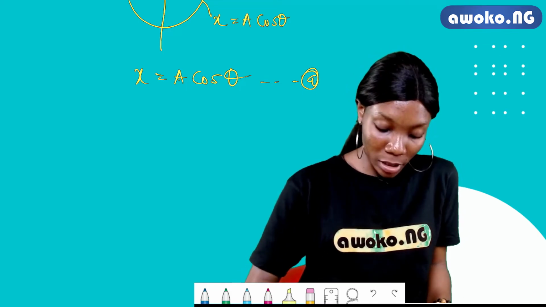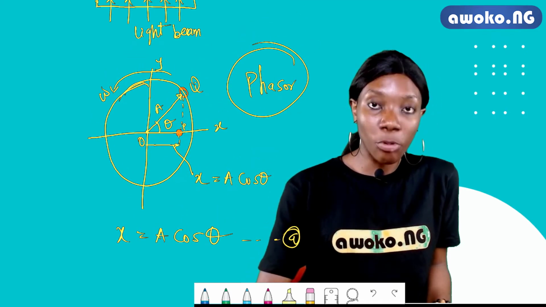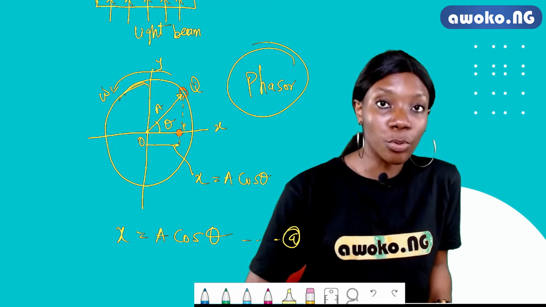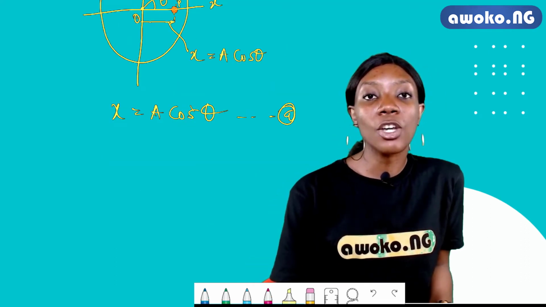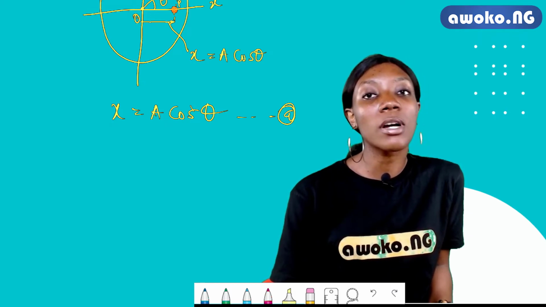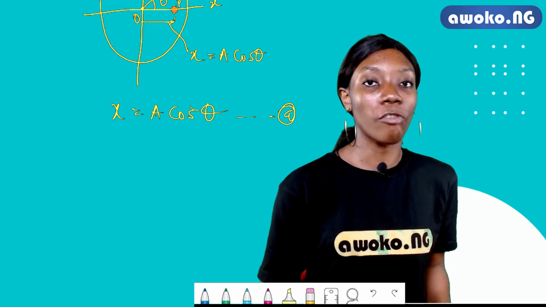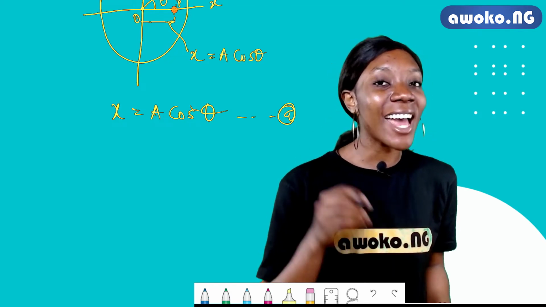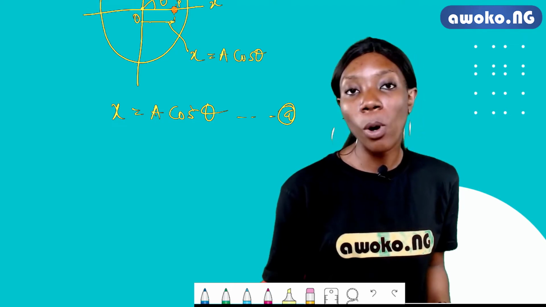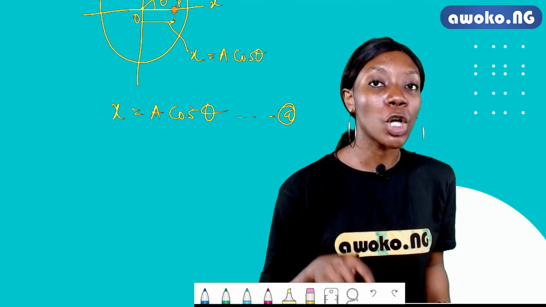You can see from this illustration, shadow P is a projection of Q onto the x-axis, right? Hence, the x-velocity of the shadow P along the x-axis is equal to the x-component of the velocity vector of point Q. And the x-acceleration of P is also equal to the x-component of the acceleration vector of Q.